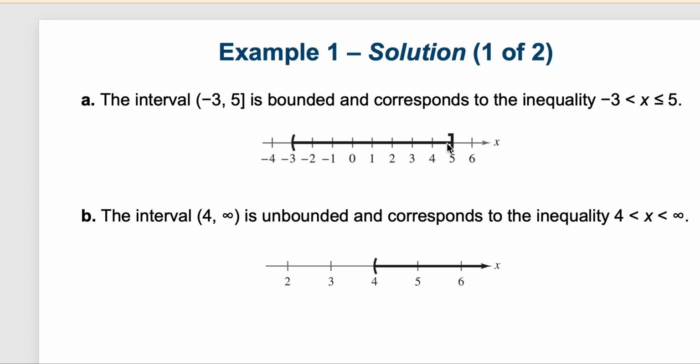In the first example, it's bounded below by -3 and above by 5, so we have a bounded interval. In the second, we have a lower bound of 4, but it's not bounded above, since it goes to positive infinity. So this interval is unbounded, and it corresponds to the inequality 4 is less than or equal to x, less than positive infinity.